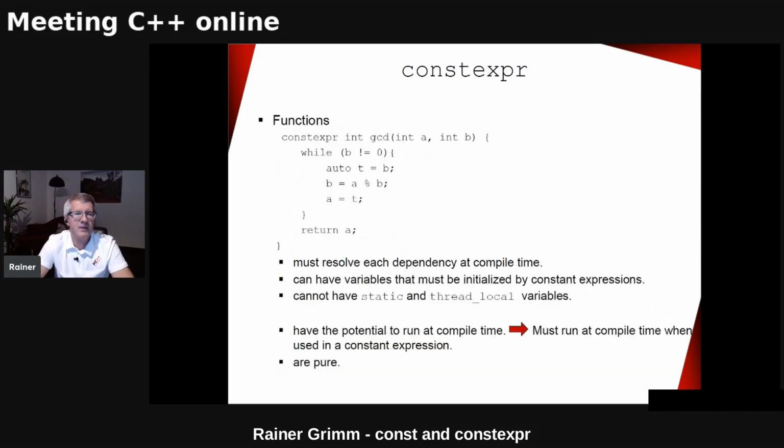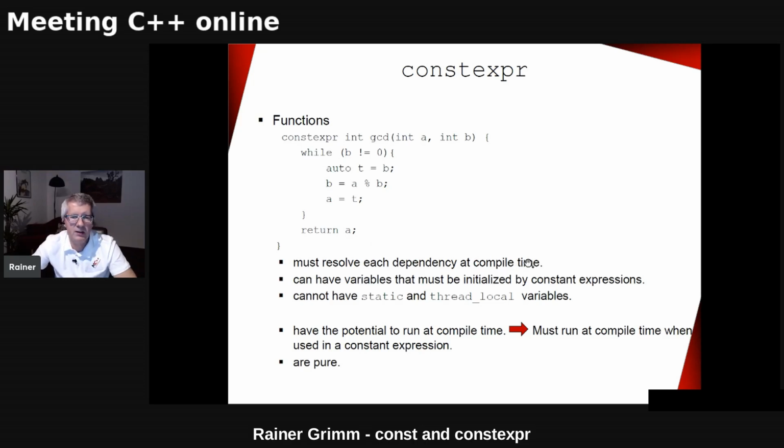Okay. Let me continue with constexpr. This is a constexpr function we have with C++14, and you see it looks quite convenient. The rule to remember when you can make a function constexpr is quite simple. Each dependency must be resolvable at compile time, and then it can become constexpr.